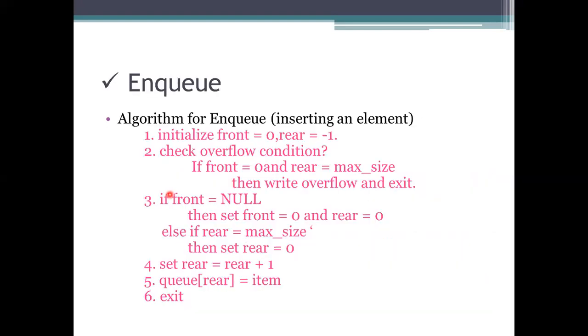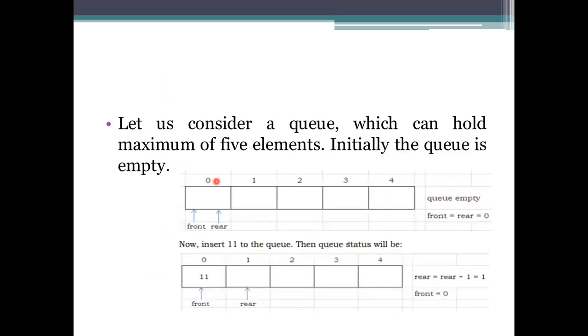Coming to the next, to insert an element we need to check whether the queue is full or not, that is, whether the overflow condition is there or not. How do I perform that here? The front could be specified as 0 and the rear would be moving from here to there.